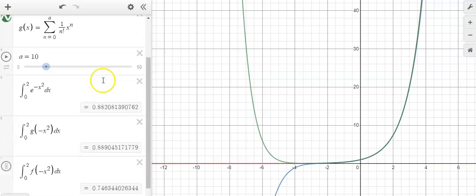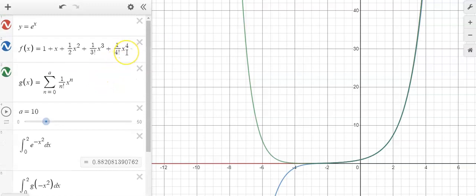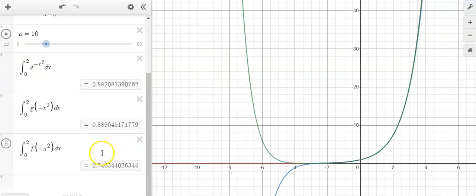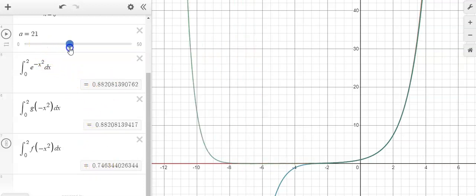What I had up here was out to the 7th degree. So this is not f to infinity and beyond. It's just the 7th degree. And we're already seeing some convergence. We're seeing that things are working the way they should. There it is. The more terms you have, the more it converges.